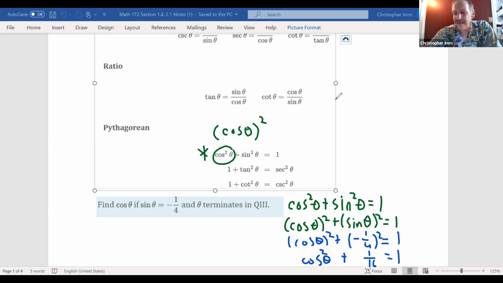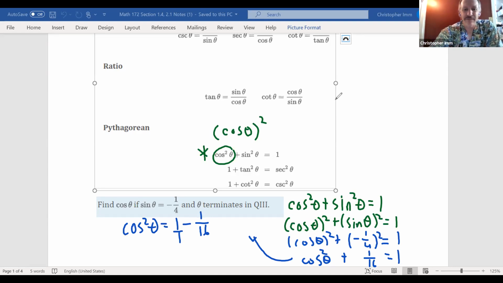I'm going to subtract the 1/16 over. So I have cosine squared is equal to 1 minus 1/16. I have fractions, so I have to build them up to the same denominator. If I multiply by 16, I have 16/16. That's the same as 1, right? And then 16 minus 1 is 15. And I have the same denominator.